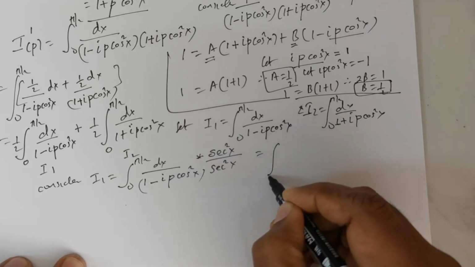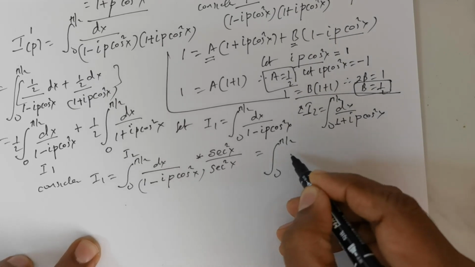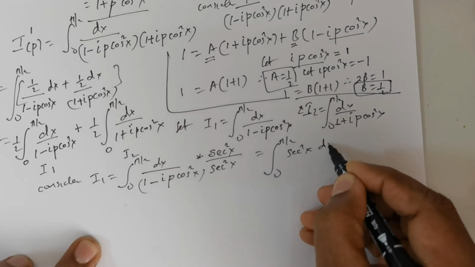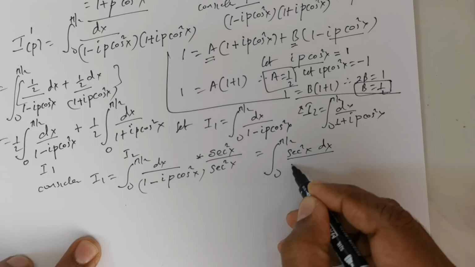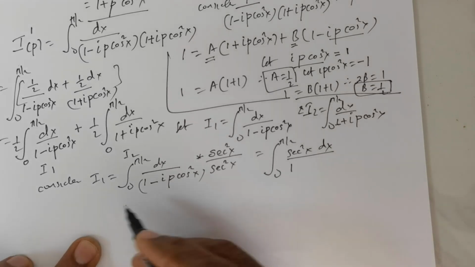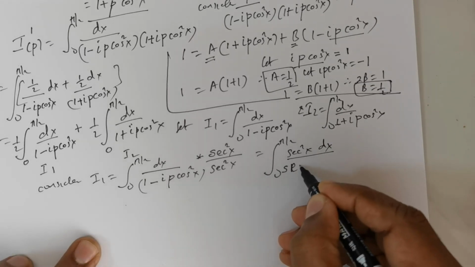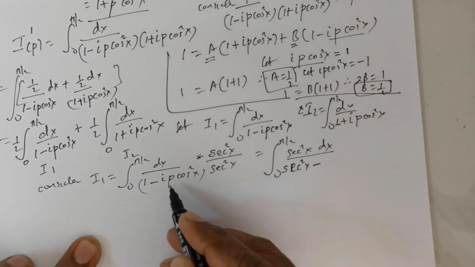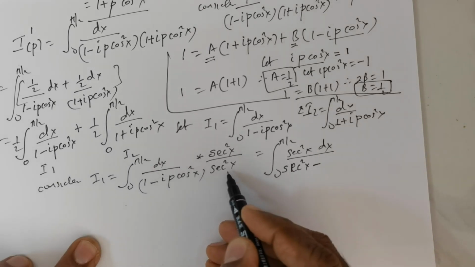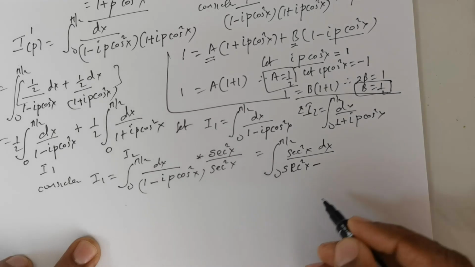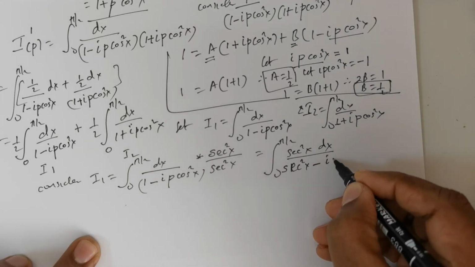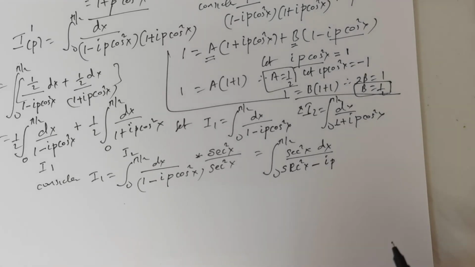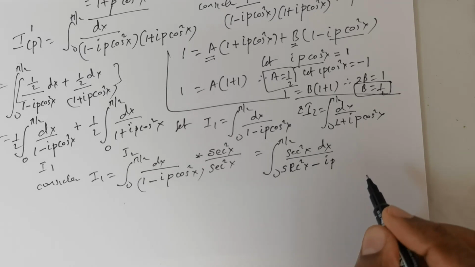So that is going to give me the integral from 0 to pi over 2 of secant squared x times dx over 1 minus. Now just distribute secant squared x. So this is going to be secant squared x minus i times p cos squared x times secant squared x. That means secant squared x and cos squared x get cancelled, giving you i times p. Okay, so this is what we have got.